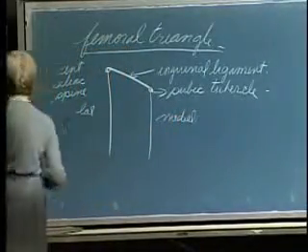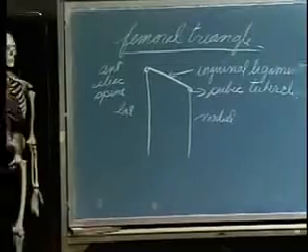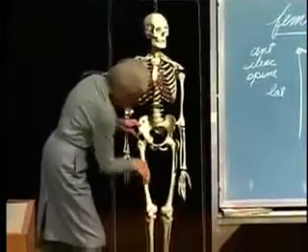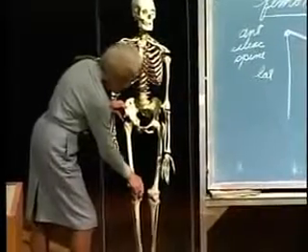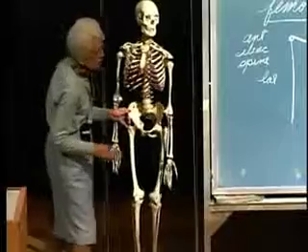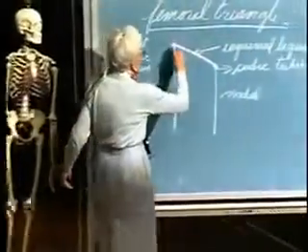And who's going to tell me what muscle is crossing from the anterior iliac spine to go down to the medial aspect? What is it? Sartorius, sure. So we're going to put in the sartorius.